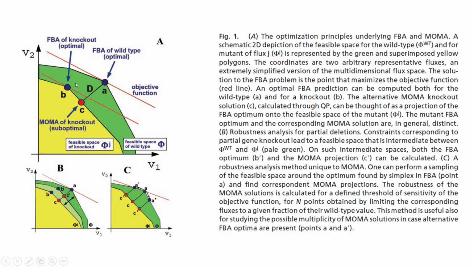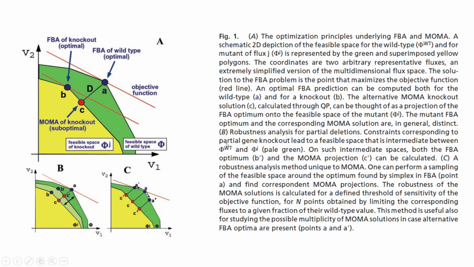Now you have to calculate the distances between these points, between the MOMA of the knockout and the FBA of the wild type, and see which distance is the lowest. On such intermediate spaces, both the FBA optimum and the MOMA projection can be calculated. This is your FBA optimum, and this is your MOMA projection. This is not the optimum for MOMA, just to keep that in mind.